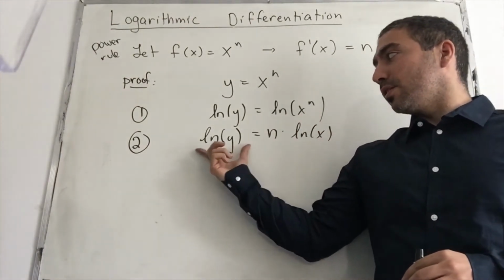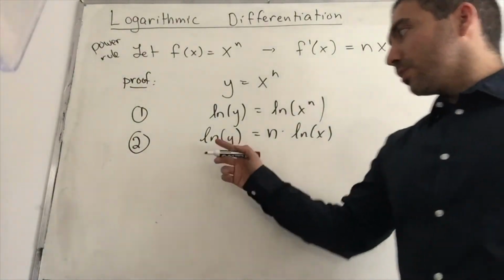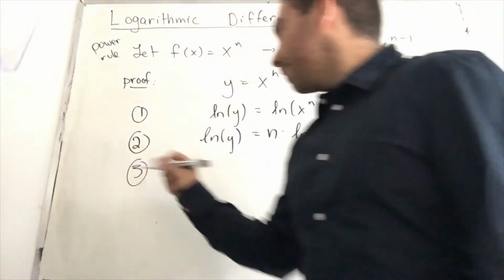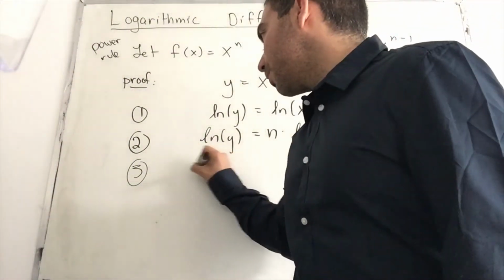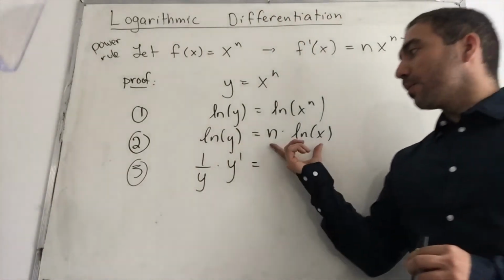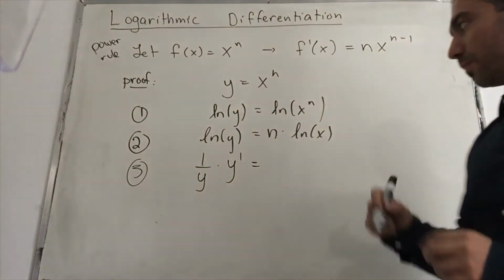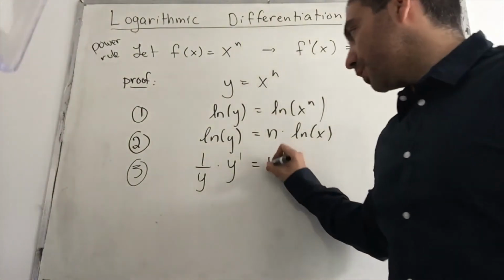Next, we take the derivative of the left and right hand side with respect to x. So this is step 3. The left hand side, as always, we get 1 over y times y prime, and that's equal to, here we're going to take the derivative. So n is just a constant, it's a number, so we'll just leave it, n.